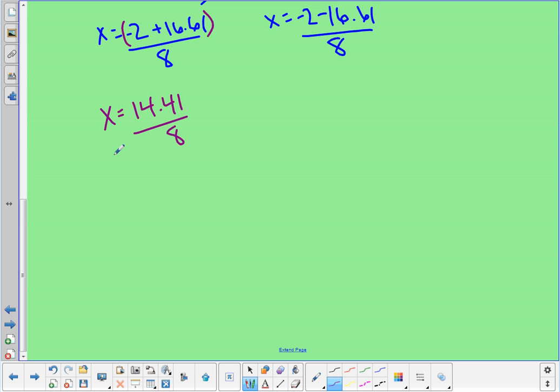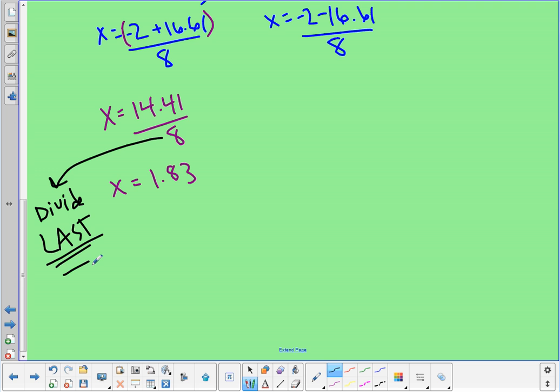And 14.41 divided by 8 was 1.83 there. So notice that the very last thing that I do is divide. That's the very last part of the quadratic formula. So dividing by the denominator is the very last thing.